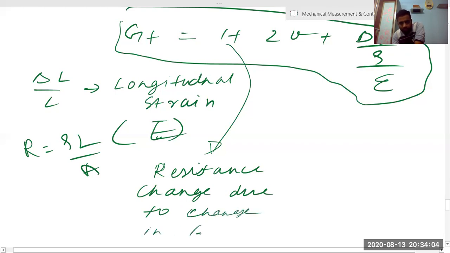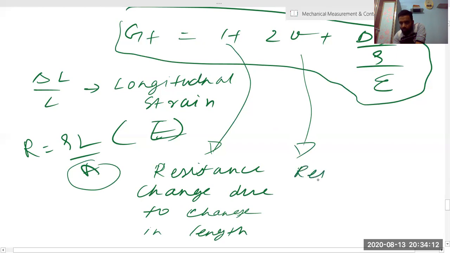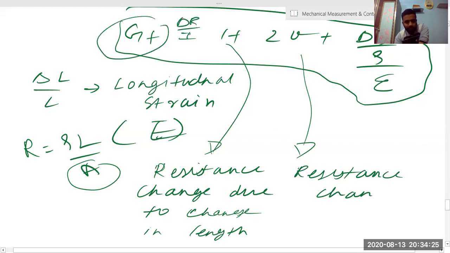Now the second term, if you remember, was related to cross sectional area. All are contributing to the resistance, because we started with the resistance. And gauge factor is per unit change in resistance to per unit change in length. So actually we are dealing with resistance. We may have written GF, but it is nothing but delta R by R upon delta L by L. I hope everyone is clear.